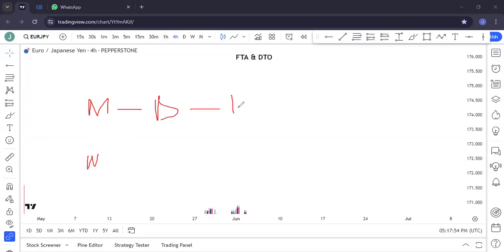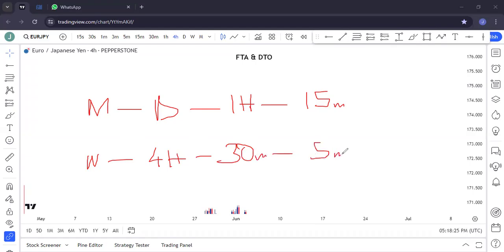Daily is coordinated with 1 hour. And 1 hour is coordinated with 15 minutes. So that is the series of monthly. In the series of weekly, we say weekly is coordinated with 4 hours. 4 hours is coordinated with 30 minutes. And 30 minutes is coordinated with 5 minutes.